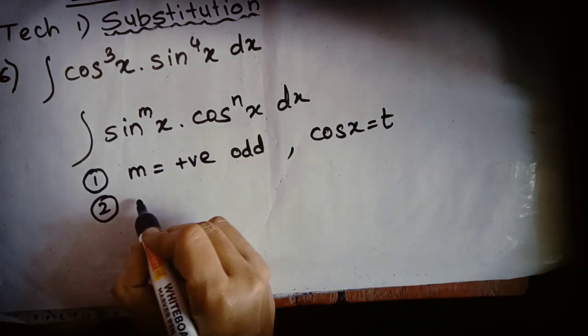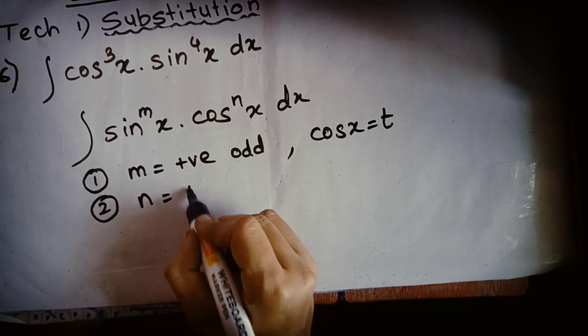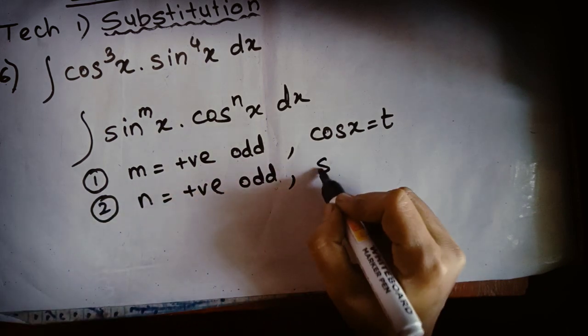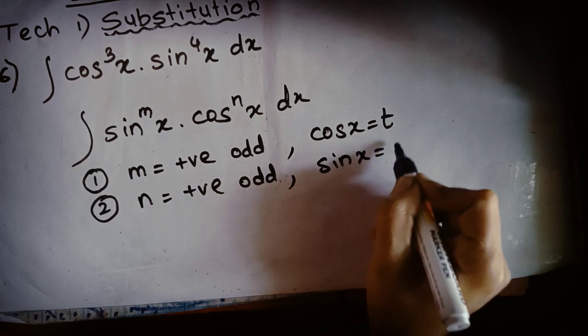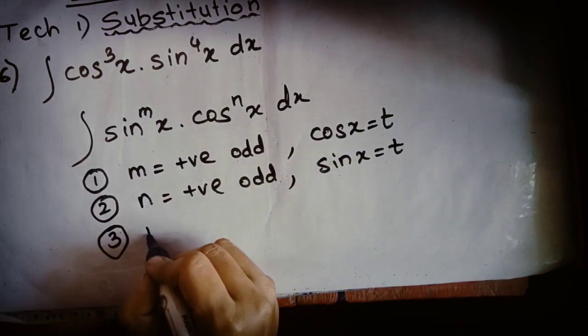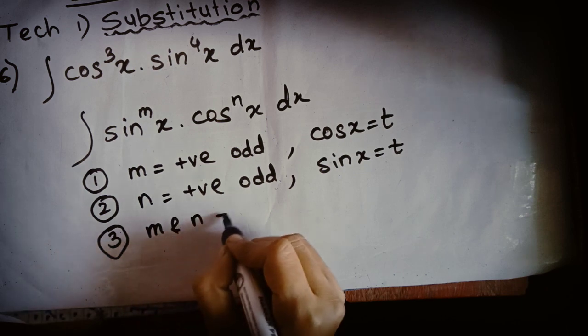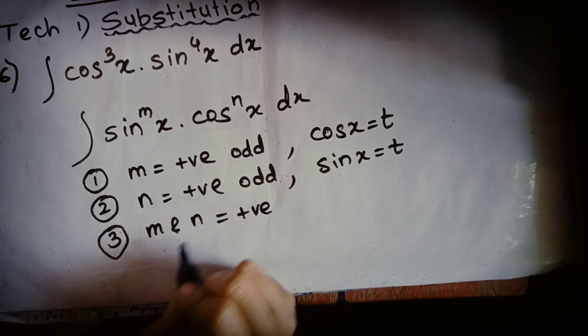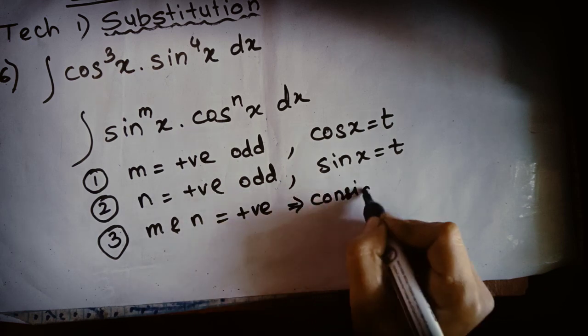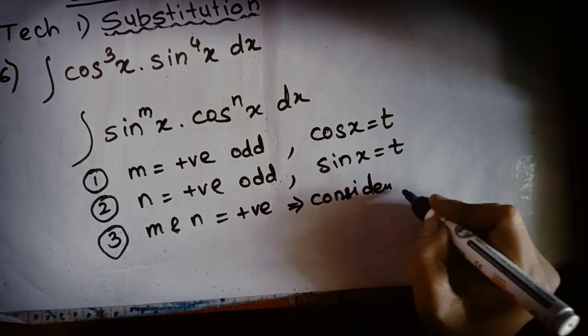If your n is some positive odd, then you have to substitute sine as t. Now the third case is if both m and n are positive, then you have to consider the smallest one.